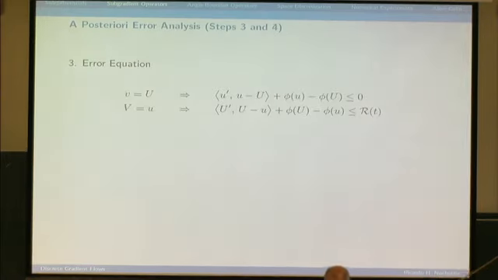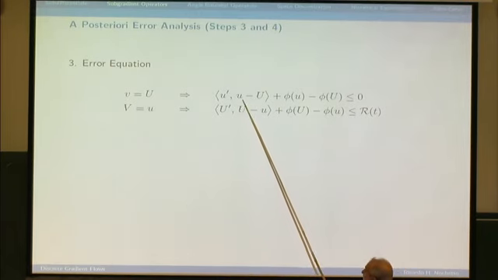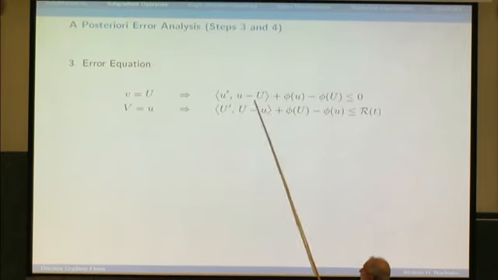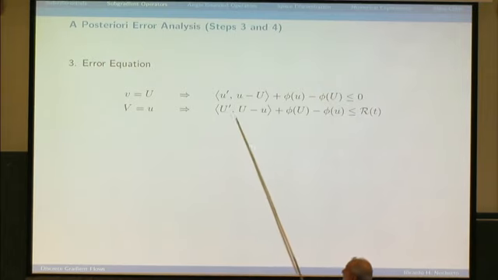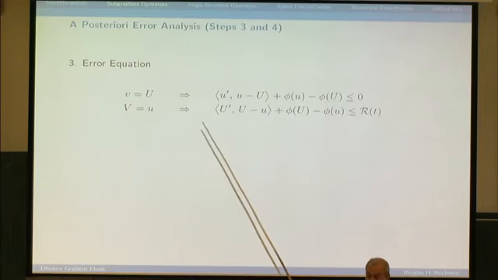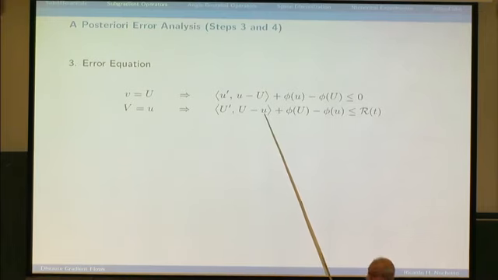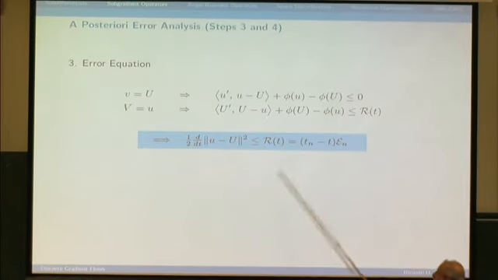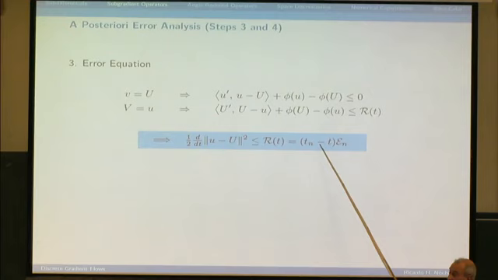Okay? Then you look at the error equation. In the variational inequality for small u, you take capital U as a test function, and do the opposite in the discrete variational inequality, satisfied by the piecewise linear function capital U, you take as a test function small u, okay, and add up. When you do that, you get this error relation. The derivative of the norm squared is bounded by R, which I told you earlier was this.